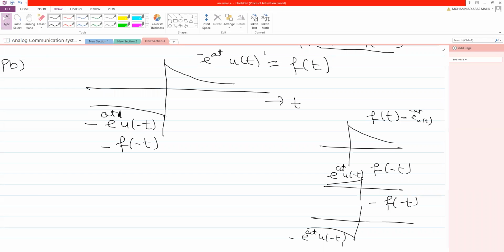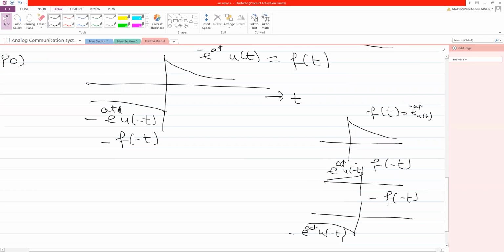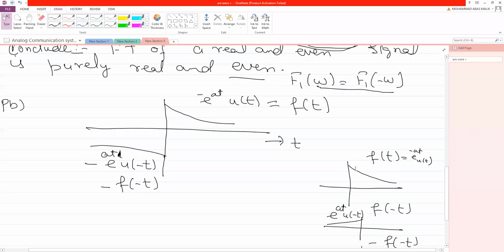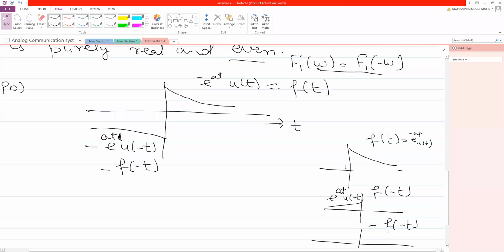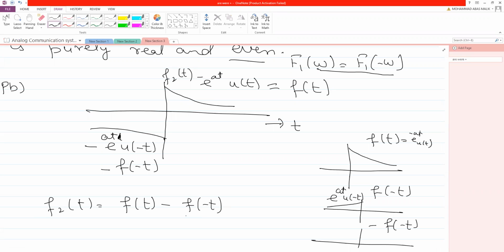This signal I will represent by f2 of t. This f2 of t is equal to f of t minus f of minus t. So this is your signal.